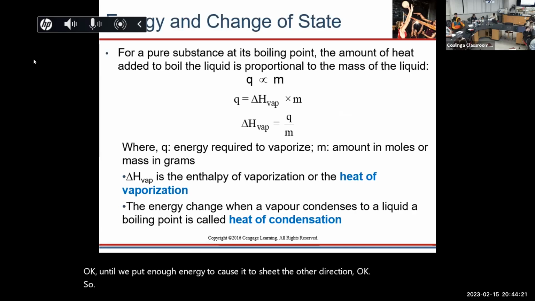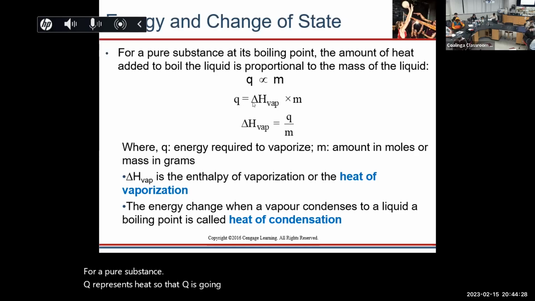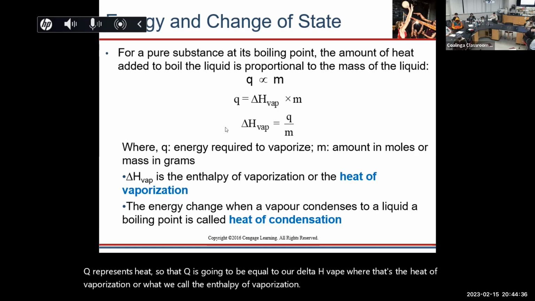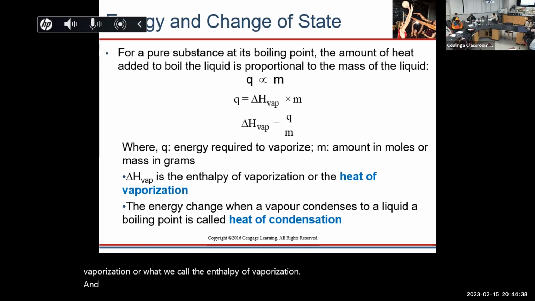So for a pure substance, Q represents heat. So that Q is going to be equal to our delta H vap, where that's the heat of vaporization, or what we call the enthalpy of vaporization. And usually that's something that we can look up. It's given to us somewhere on a table.